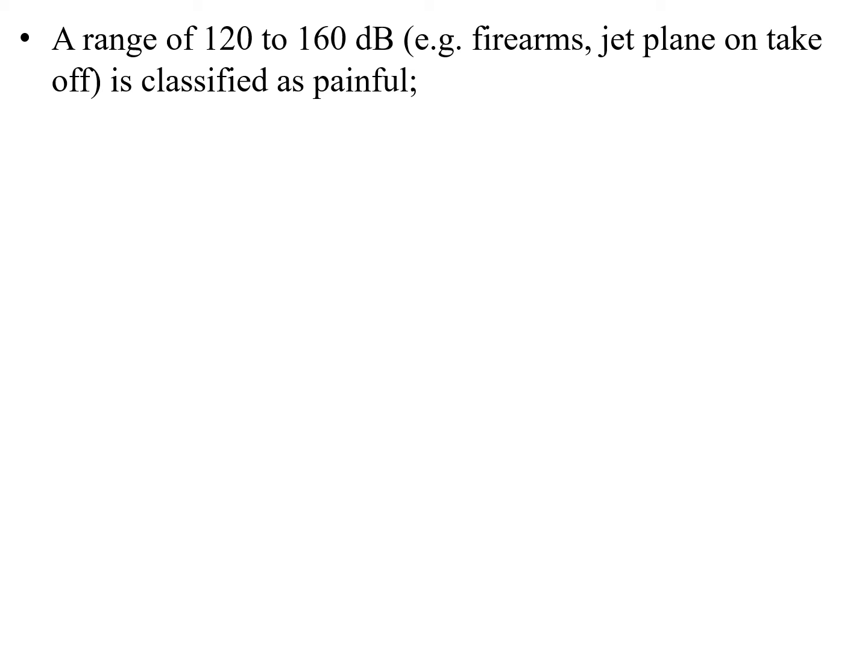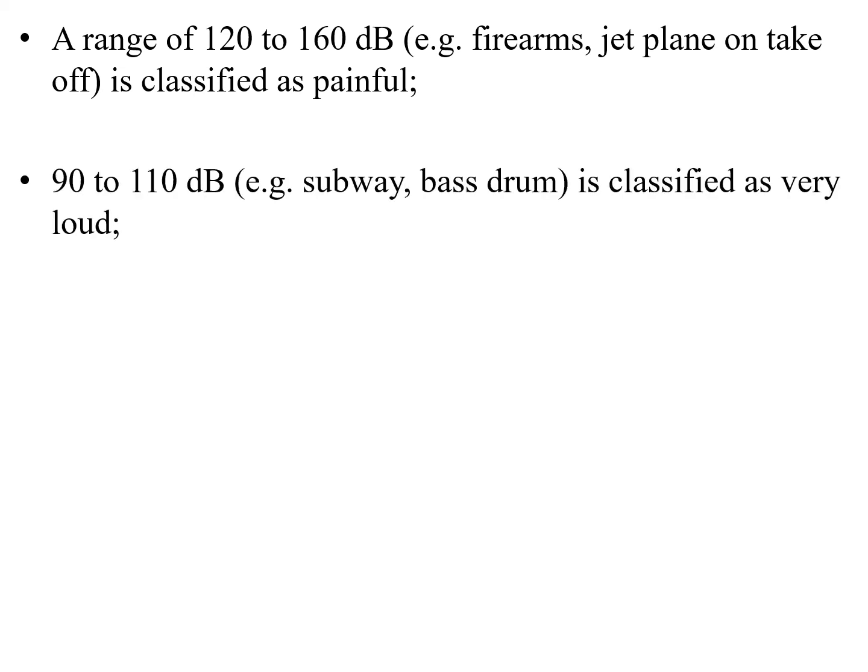Example, the sounds produced by firearms or jet planes when they take off. Sound pressure levels of 90 to 110 decibels is classified as very loud, like the sounds within a subway when a train is passing, or you are sitting in front of a bass drum. It is emanating sounds of 90 to 110 decibels and it is very loud.